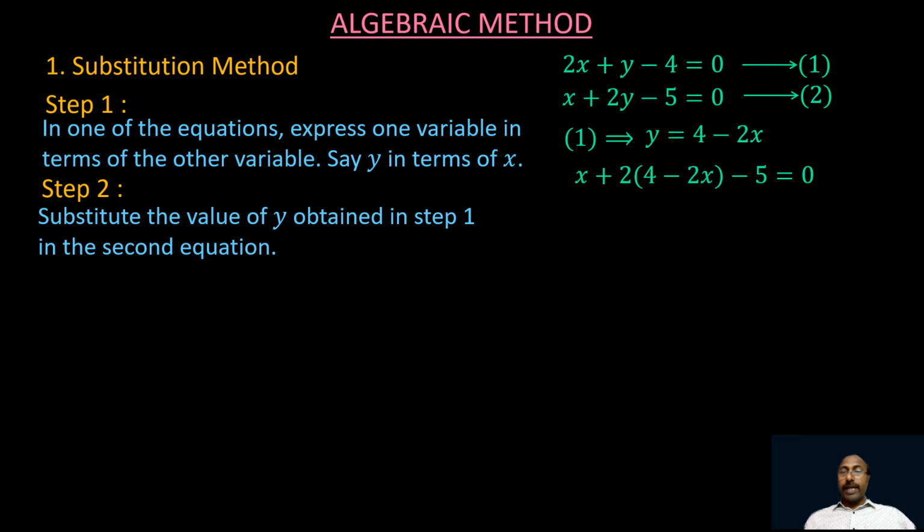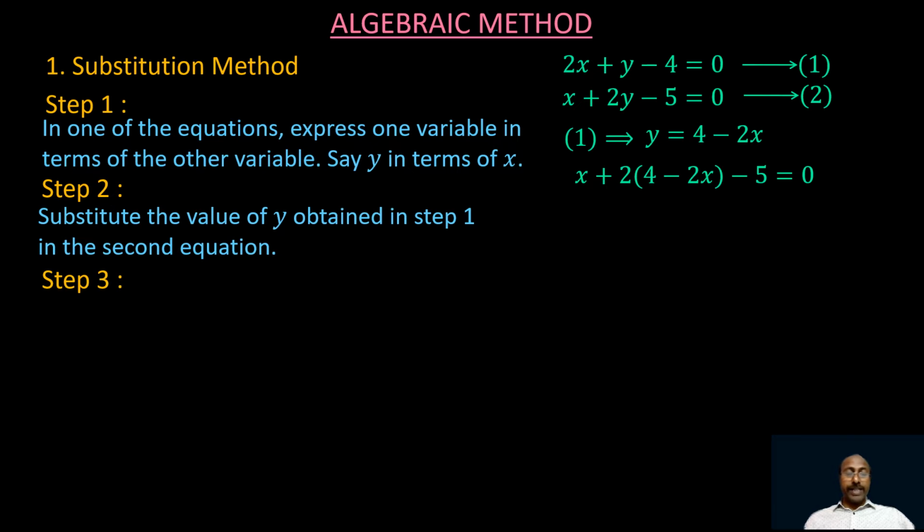So x plus 2 into 4 minus 2x, minus 5 equals 0, because the second equation is x plus 2y minus 5 equals 0.